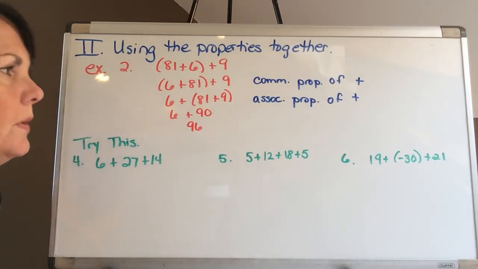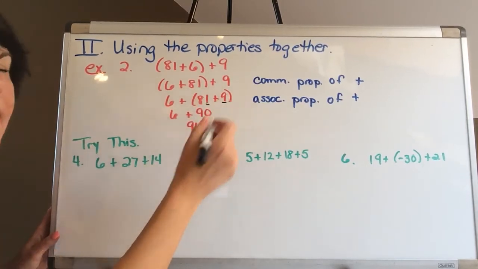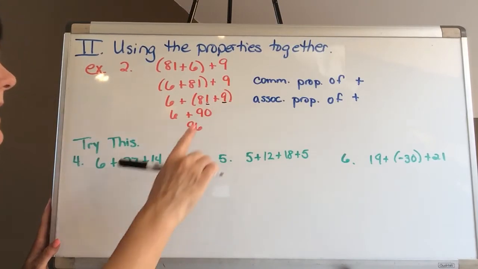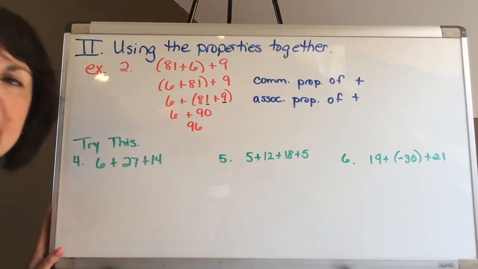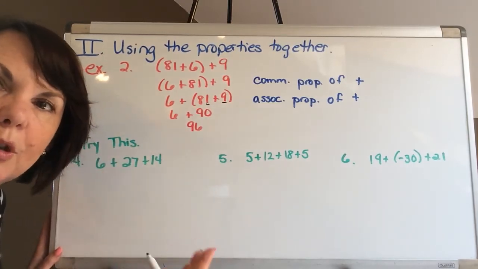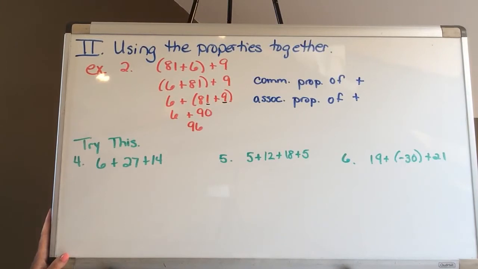Why would I want to do that? Look at my ones place. 1 and 9. They build a 10. So 81 plus 9 is 90 plus 6 is 96. It looks involved, but I just wrote out this step so you could see what allows me to do that. Take a look at example 4. 6 plus 27 plus 14.